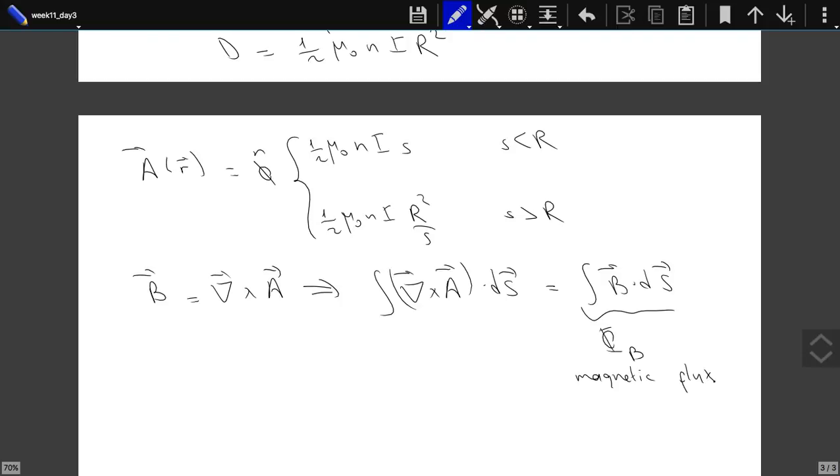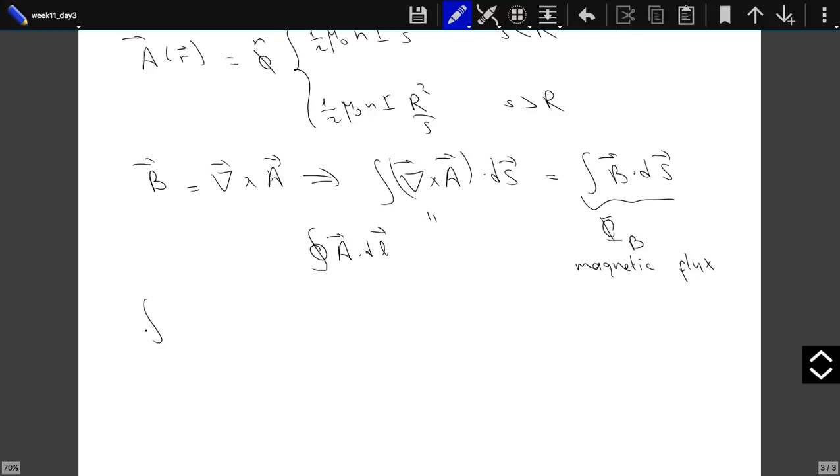The integral over an area of the curl of a vector field, we can write as the integral of the vector field over this closed loop, which forms the boundary of my area. So I have this condition: A dot dl over any loop should be equal to the magnetic flux passing through my loop.